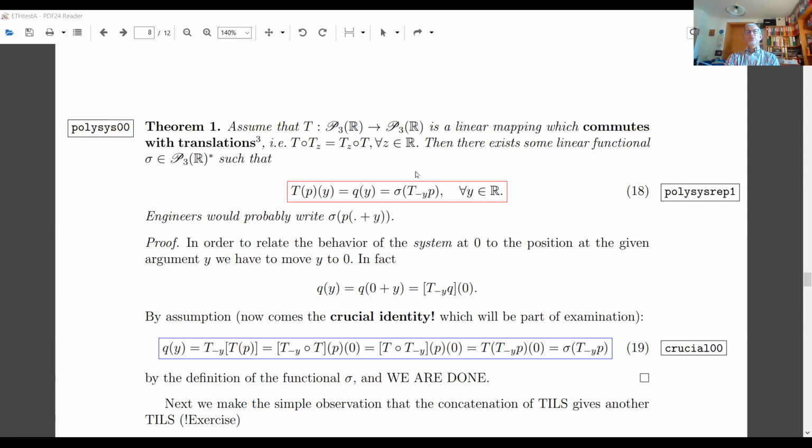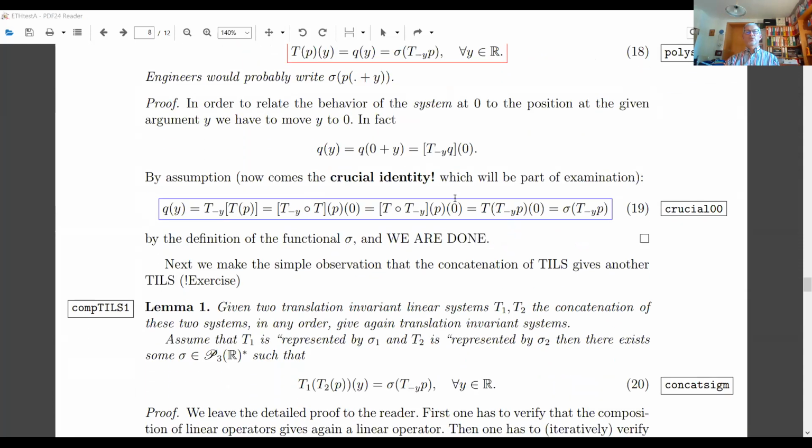And in the opposite direction, reading the red formula number 18, if somebody gives you a linear functional and says, just take sigma at T minus Y of P and define Q of Y in this way, then this will define a translation invariant linear operator. So you get all the operators in this way, and it's a one-to-one correspondence. Because this is only a motivation, we will do this in more detail later on with C0 and with continuous variables.